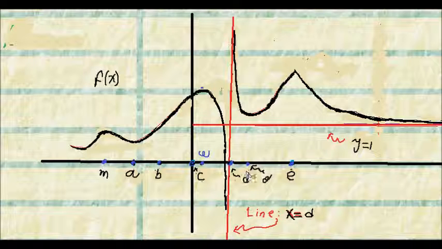All right, so let me ask you some questions here. This is the line x equals d. So this smooth, nice graph here is the graph of the function f of x, which is an expression of x. Excuse the fatness of this graph here, but it's just a line.